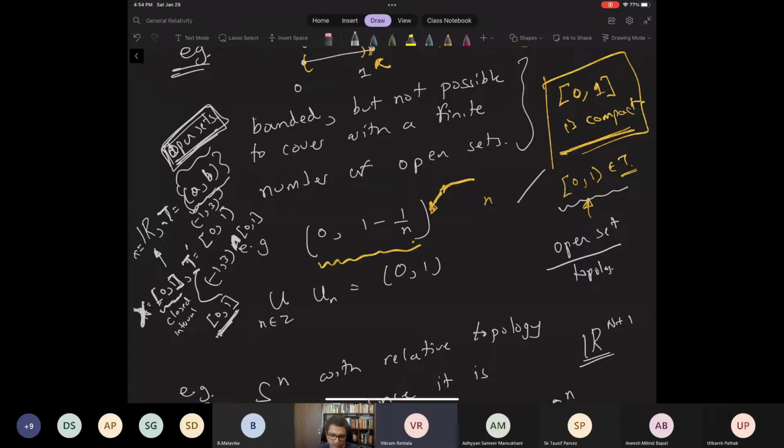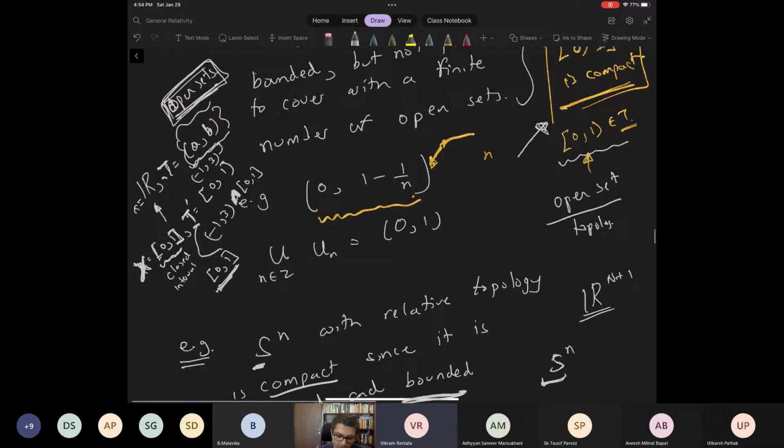Which is why you should walk through this example again. You can watch the recording for this part, and go back and look at the definition of induced topology. Induced topology is basically where you take intersections of these open sets with the subspace X that you're looking at.